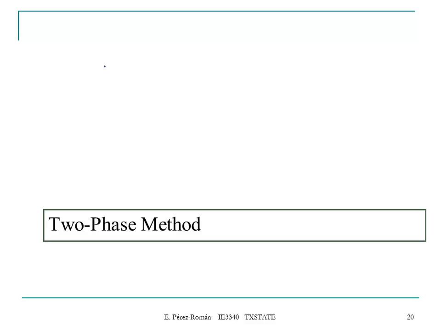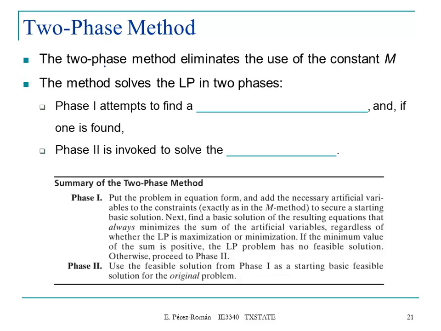And again, this is a different method, but the objective is the same. You don't have the nice type of problem to apply the simplex. So you need to find a way to find a new initial solution. Okay, so the two-phase method eliminates the use of the constant M. So we're not going to need that M value for the coefficients of our artificial variables.